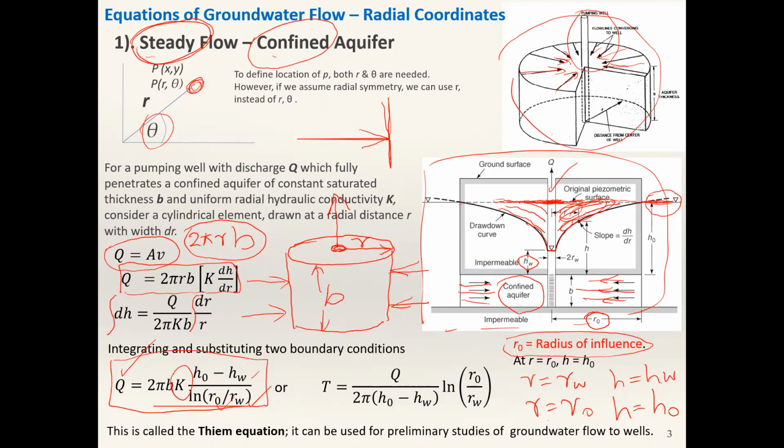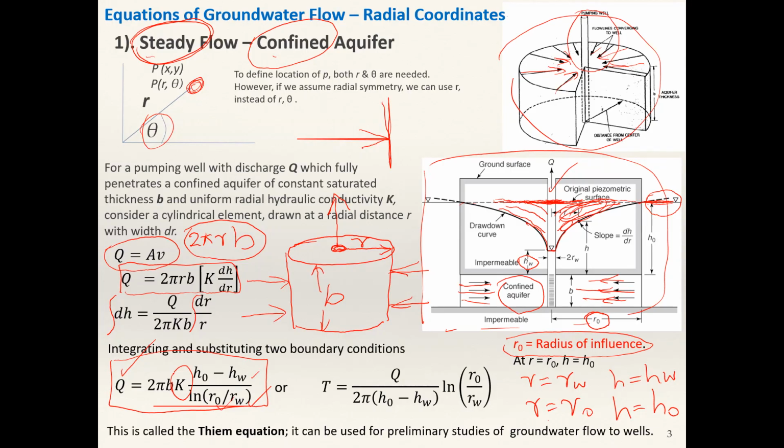That is the pumping test, right? A very simple formula. So by measuring the pumping rate, then the radius and the piezometric heads, you can find out the aquifer properties.